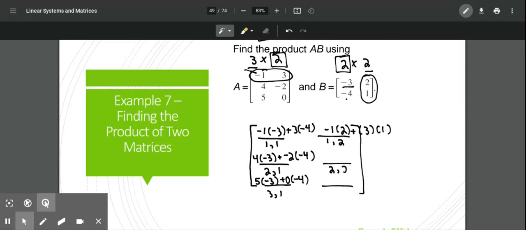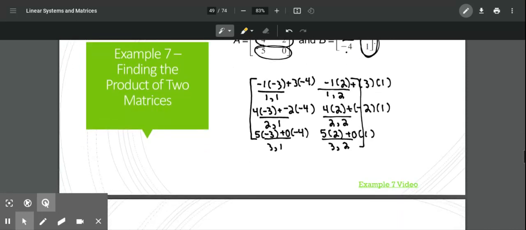And then row 2, column 2 will be row 2 and still column 2. So 4 times 2 plus negative 2 times 1. And then in row 3, column 2, so we'll combine row 3 with column 2. So we have 5 times 2 plus 0 times 1.